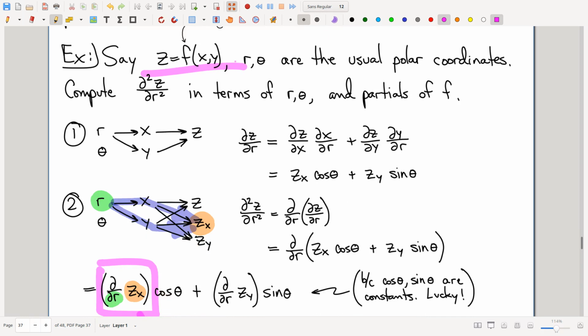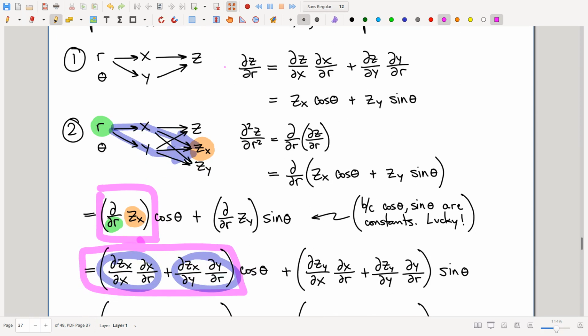And now let me say that differently. If these partial derivatives are functions of x and y, then this is where they go on the diagram. I'm just literally indicating that zx is a function of x and y, and zy is a function of x and y. Yeah. All right.